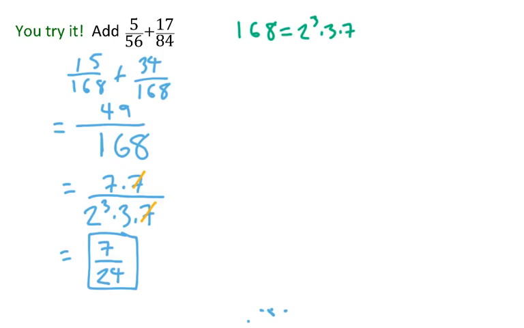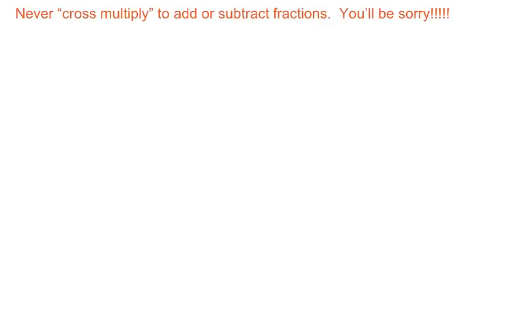Now, before we leave the adding and subtracting of fractions completely alone, I want to show you a slide that I skipped over for lack of time in the previous video. It's a warning. Many times in different classes, instructors show you a different technique for adding fractions that involves something called cross-multiplying.